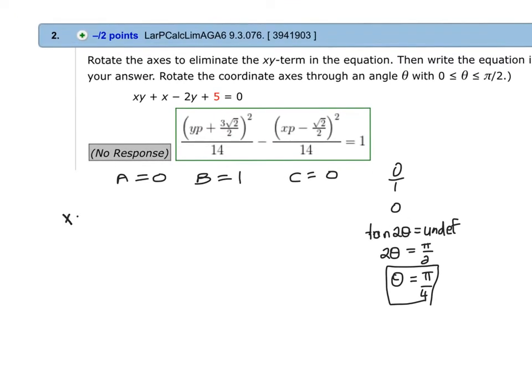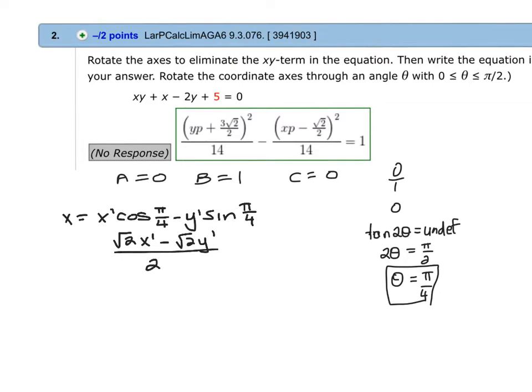Then x would equal x prime times the cosine of pi over 4 minus y prime times the sine of pi over 4. Pi over 4 is root 2 over 2 and root 2 over 2. So this is root 2 x prime minus root 2 y prime all over 2.